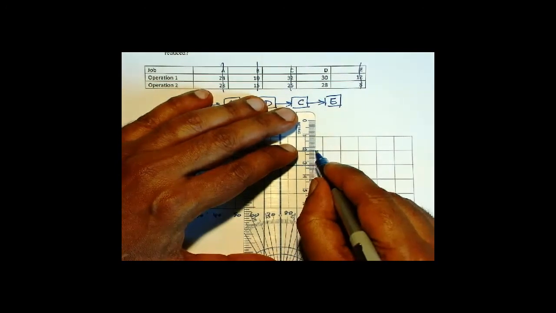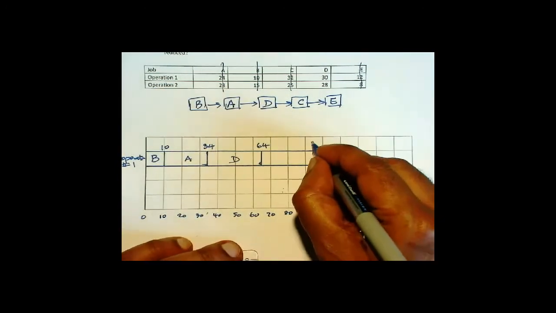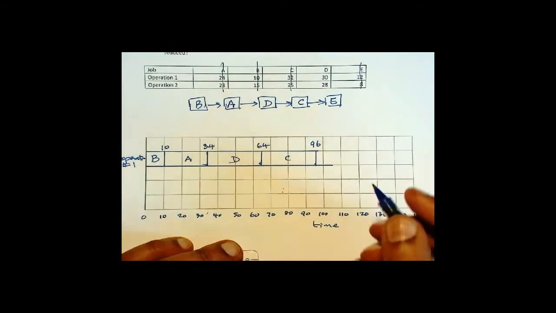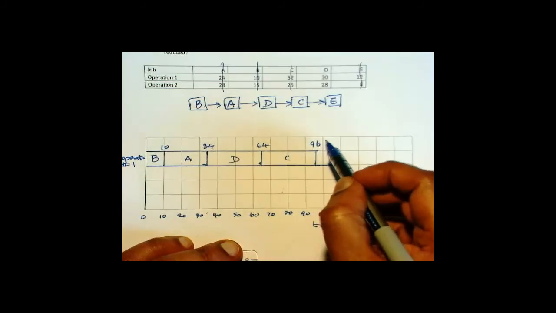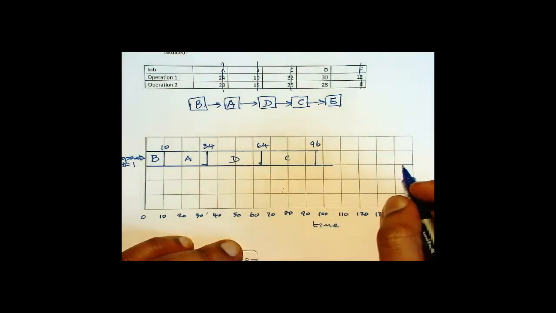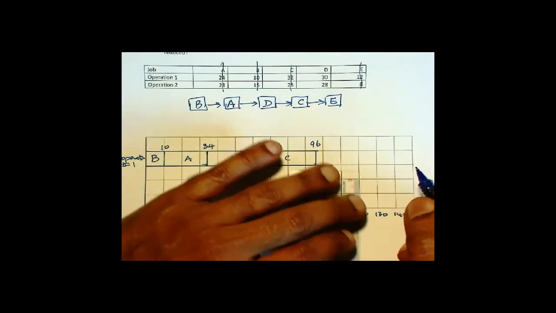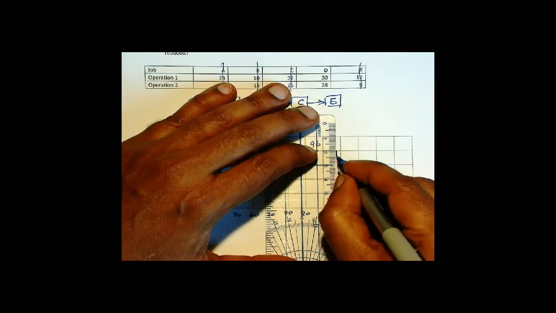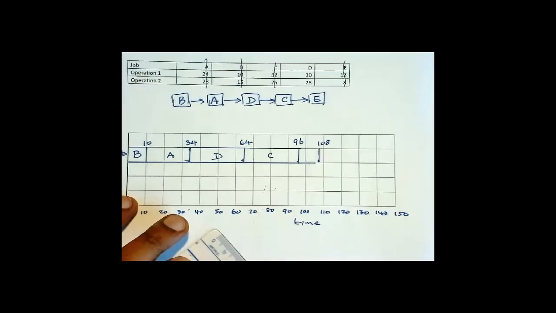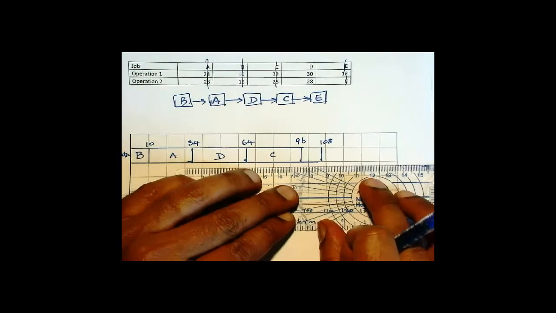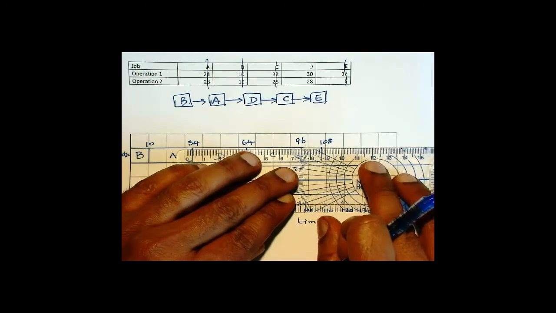So 96 is C. And finally E. E is 12, so 96 plus 12 is 108. The first operation will finish by 108.